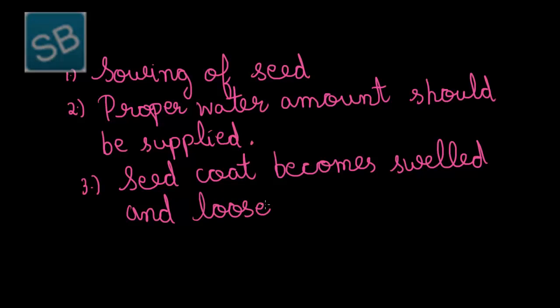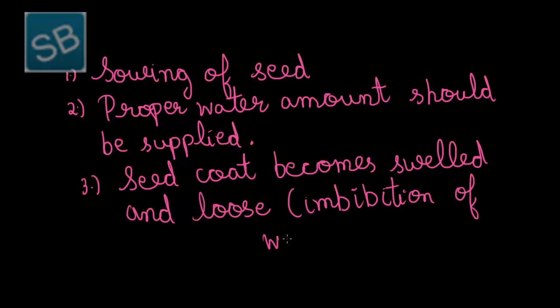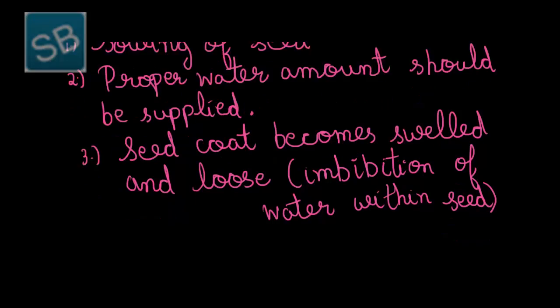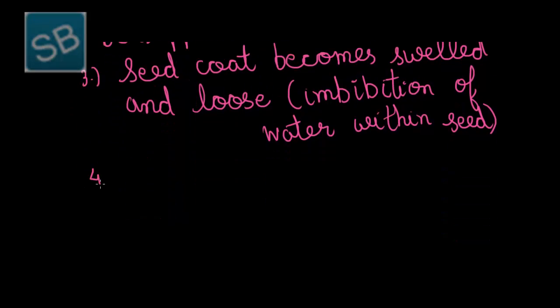And why does it occur? Because when water is supplied to the sown seed, due to imbibition of water the seed coat swells. In this manner, the seed coat becomes loose and swelled. After this, the embryo becomes active.